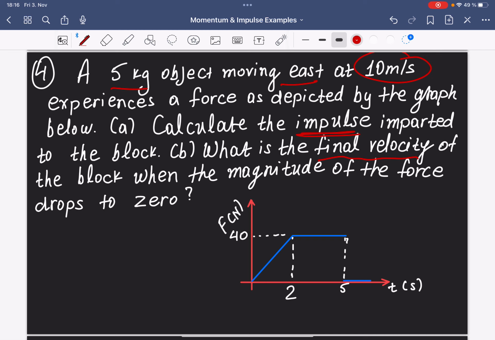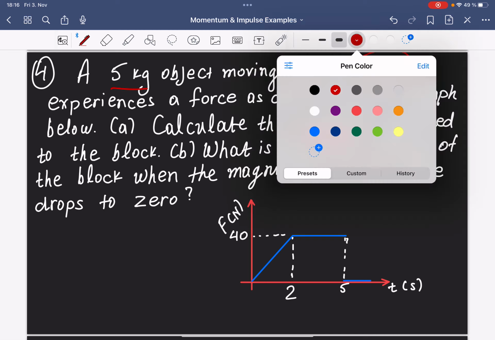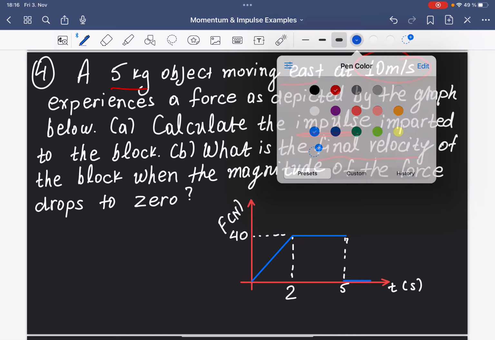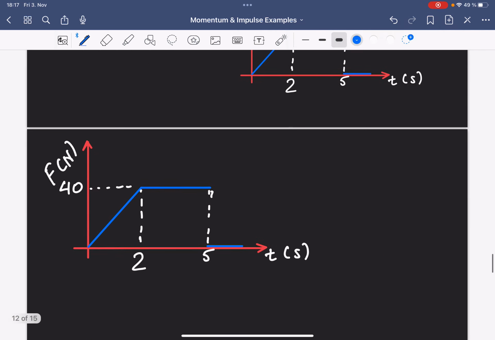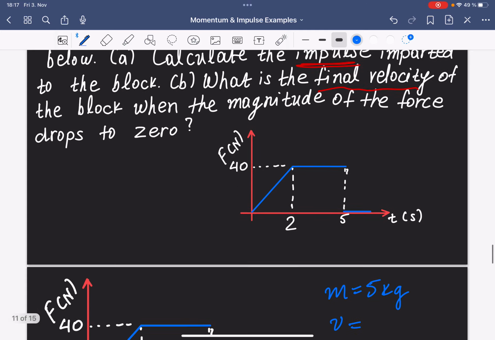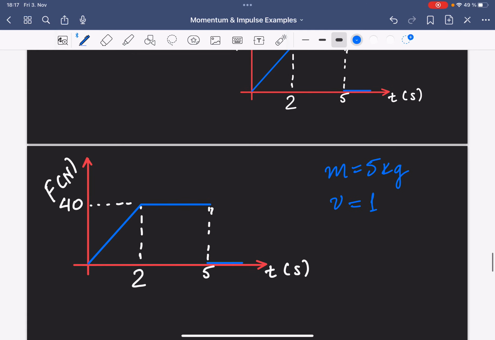So the only information we get from the description of the exercise is that the mass is equal to 5 kilograms and that the velocity in the beginning is equal to 10 meters per second.